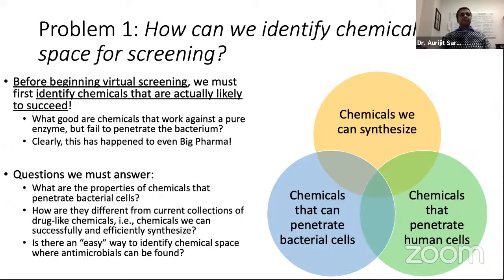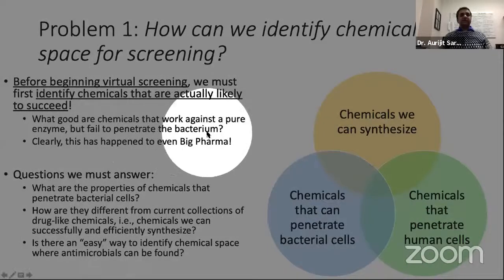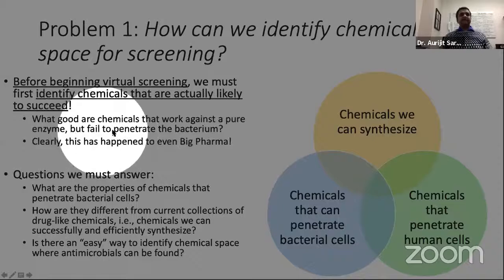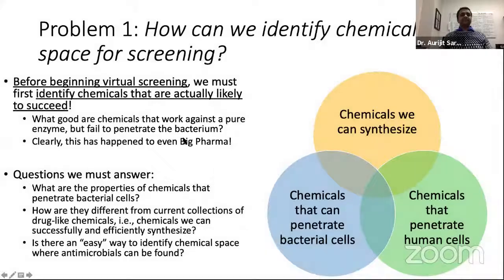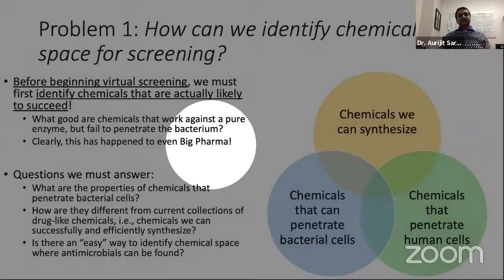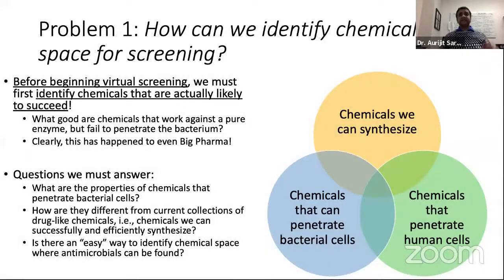So again, what good are chemicals that work against a purified enzyme but fail to reach the enzyme by penetrating the bacterium? This is exactly what happened to the pharmaceutical industry in the 1990s and 2000s, and it is a very well recognized problem at the cutting edge of drug discovery, particularly antimicrobial discovery.